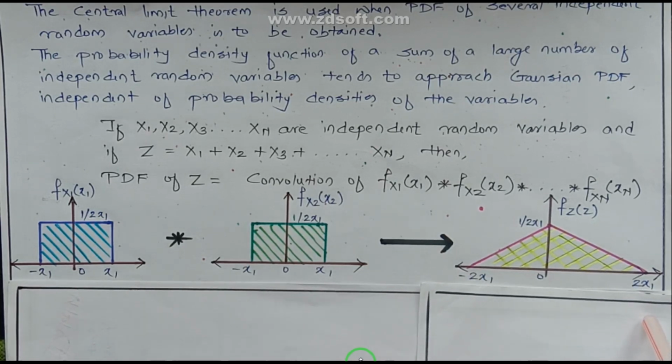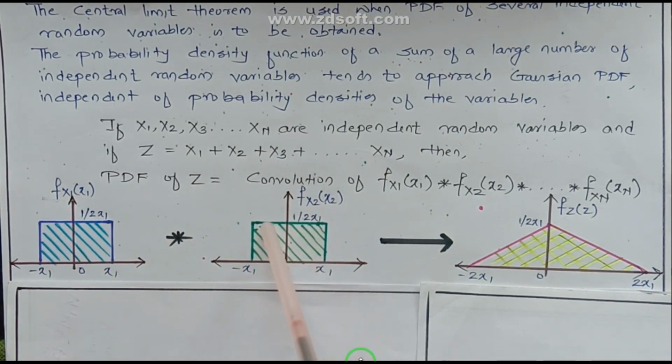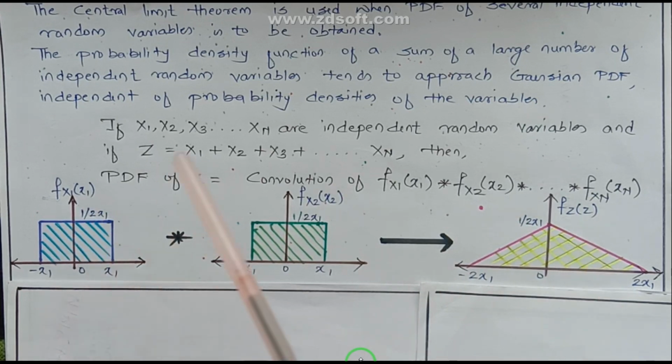You can see from this figure that fz of z is nothing but the resultant PDF of the two random variables x1 and x2. This is the PDF of random variable x1, this is the PDF of random variable x2, and this is the resultant PDF of z, which is PDF1 convolved with PDF2, giving the PDF of z, that is x1 plus x2.